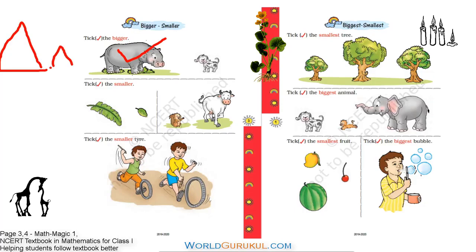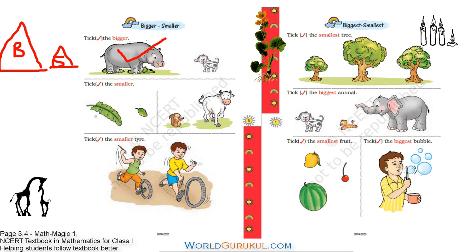If you have another hill nearby, you will say this is bigger and this is smaller. The comparison is between these two. Here also the hippo is bigger and the dog is smaller. So which is smaller? The dog is smaller.